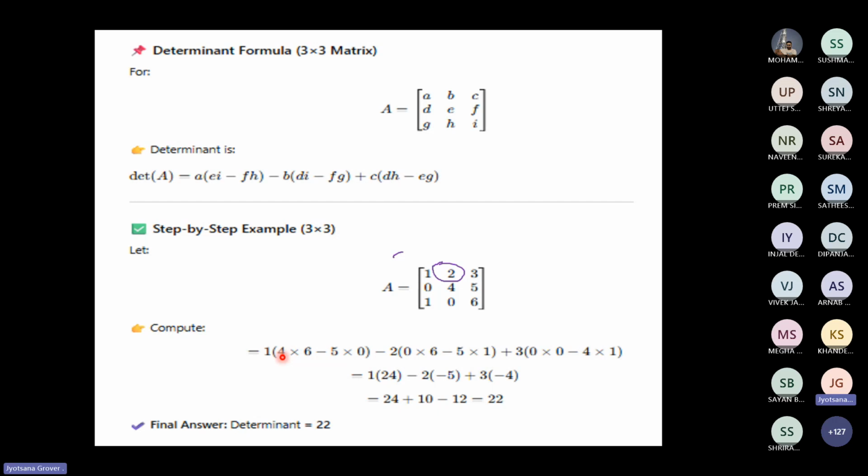Even if it is negative, it is still going to be invertible. Whether the determinant is positive or negative, if you want it to be invertible, it should be non-zero. It can be positive or negative. Okay, it should be non-zero.